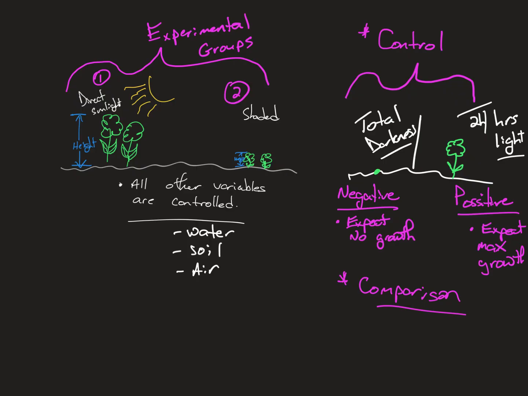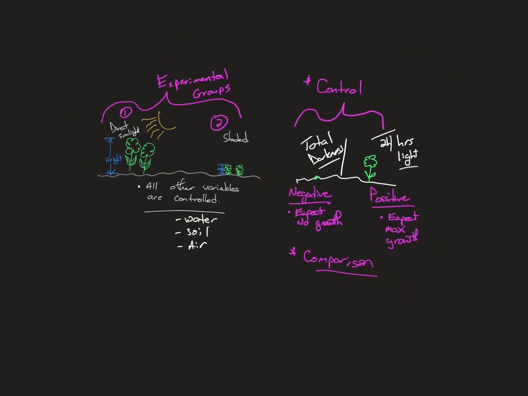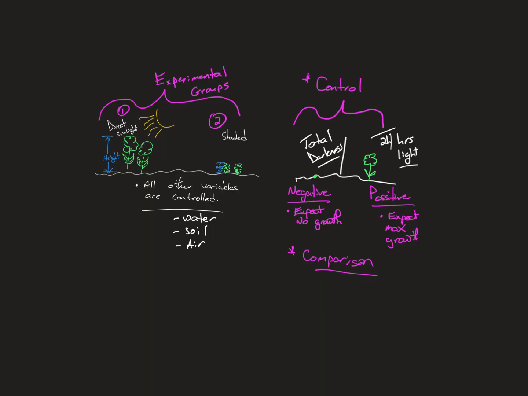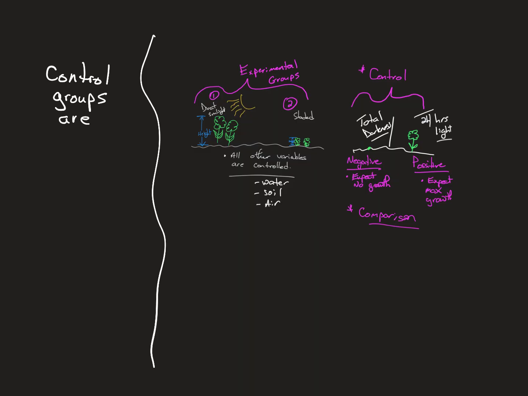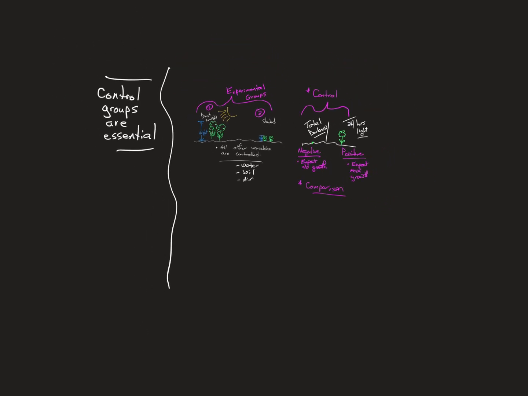Fair? So these control groups are essential. So when you're designing your experiment for Thursday, you're going to have to consider control groups. All right, so control groups are essential.